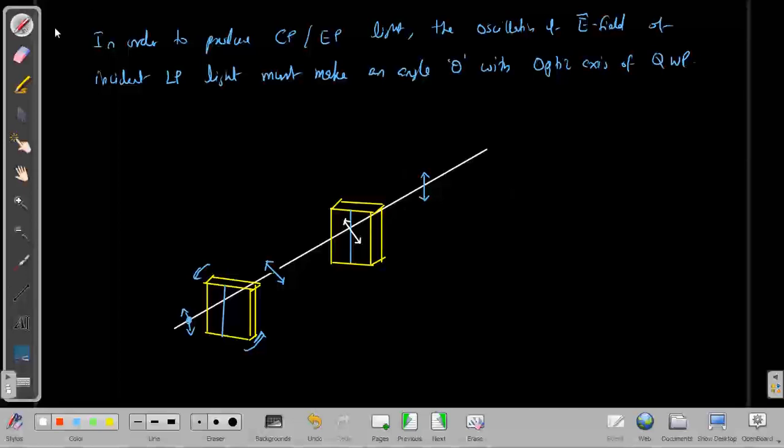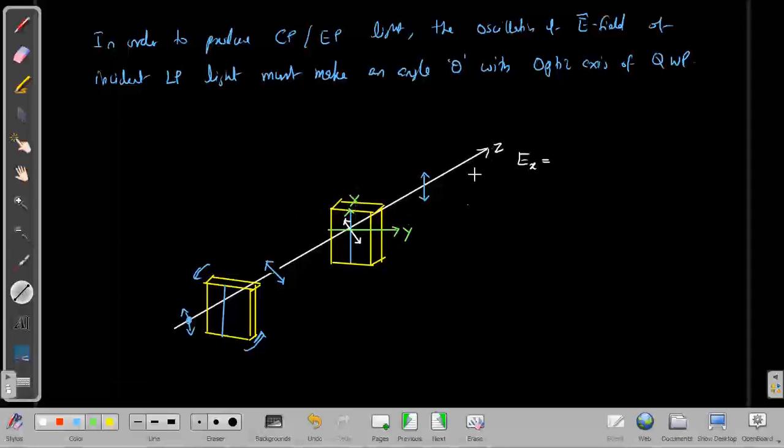So then you'll get two fields here. One is electric field oscillating along x direction. Suppose the direction of propagation is z, this direction I can put as y, and this direction as x.